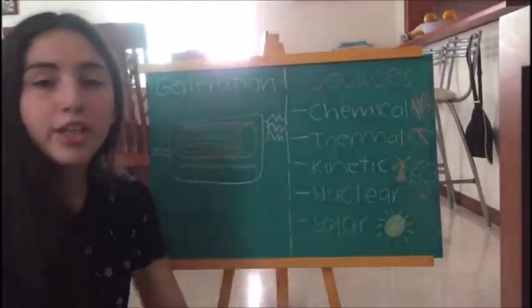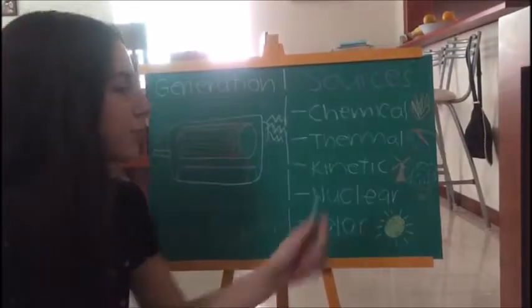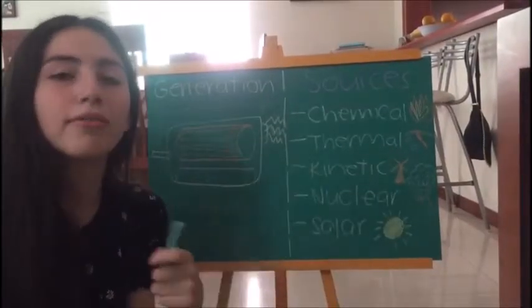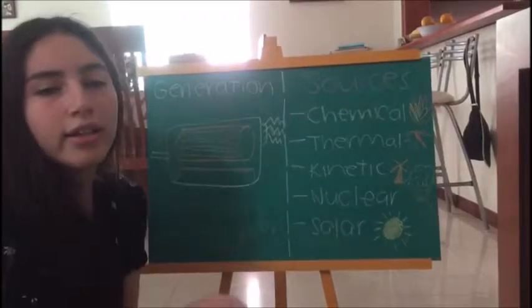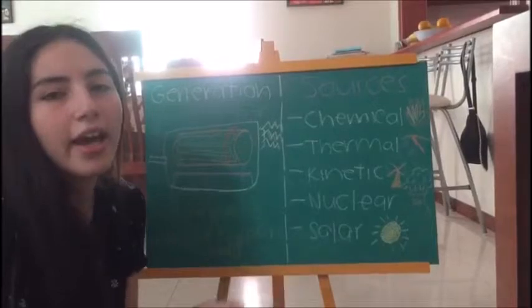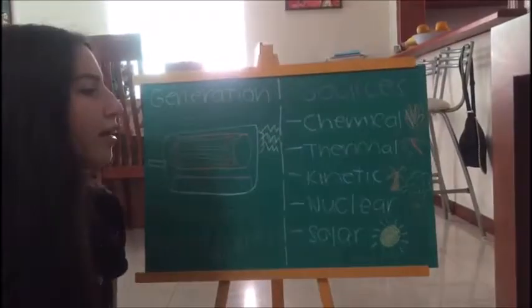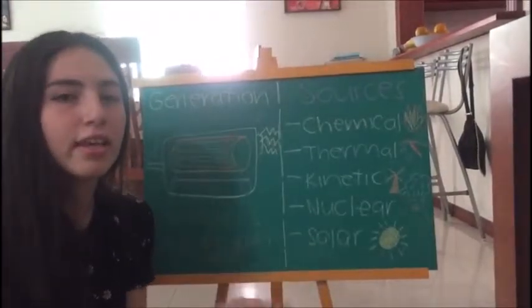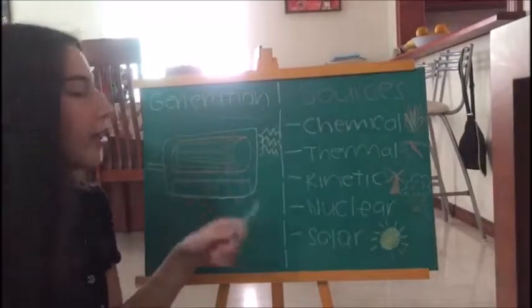Then the kinetic energy comes from movement, and it is when the turbines of an eolic plant or a hydraulic plant spin with the force of the air or the water, and with that movement it creates the electric energy in an electric generator.